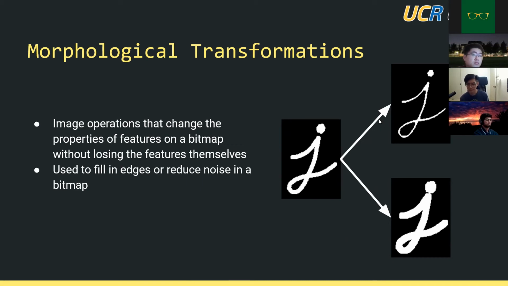When we erode, we look through every pixel and see if that pixel is surrounded by only white pixels. If it's only surrounded by white pixels, then it stays white. That means anything on the edge is touching a black pixel, and thus it gets eliminated and turns to a 0. Anything in the middle is surrounded by white, so that's why the middle section of this letter J is conserved.